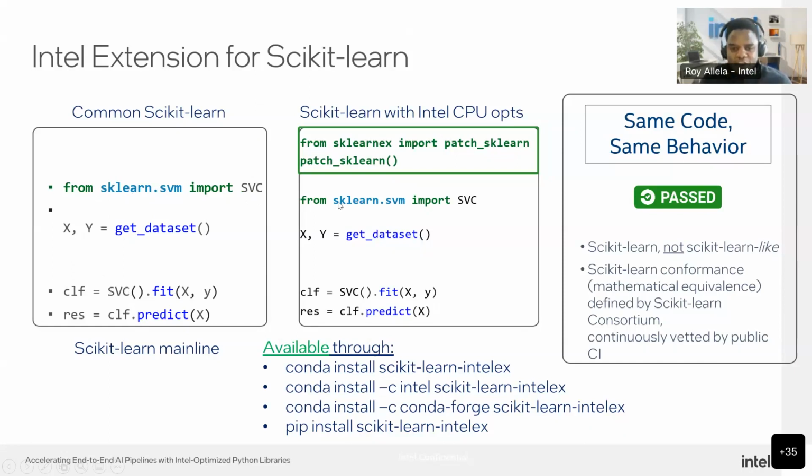To do the same with the Intel extension for scikit-learn, all you need to do is import 2 lines of code. So from sklearnex, import patch_sklearn, and then patch_sklearn. What this essentially does is, we have various optimized versions of the algorithms that are in scikit-learn within the Intel extension for scikit-learn, and this will replace the native support vector classifier with the optimized version in the Intel extension for scikit-learn.